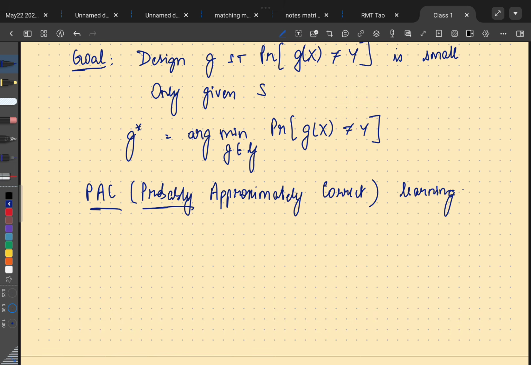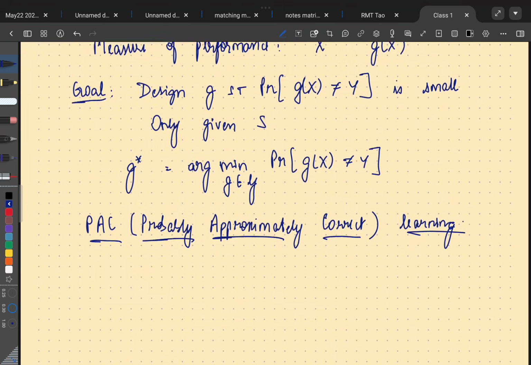So this is going to be formalized using the following approach, which is called the PAC learning approach: probably approximately correct. Because as you see, there are two things. One is G star. Firstly, G star may not achieve zero misclassification error. That's one thing, because fundamentally we want to evaluate the performance on a completely random sample.